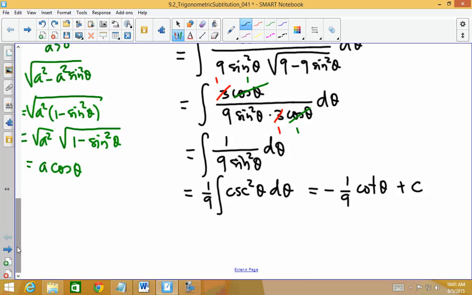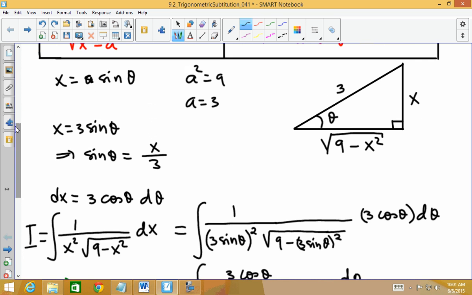Now, since we have this triangle, we can see that cotangent theta is adjacent over opposite, which means the square root of 9 minus x squared over x.